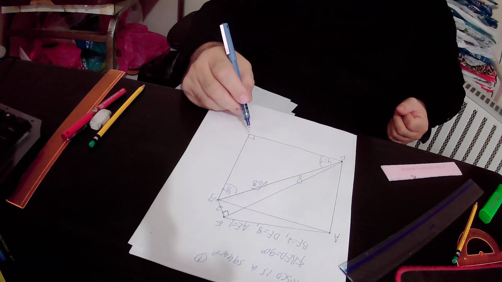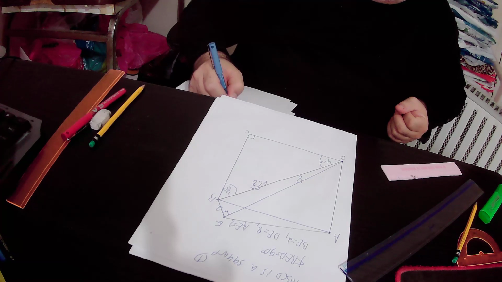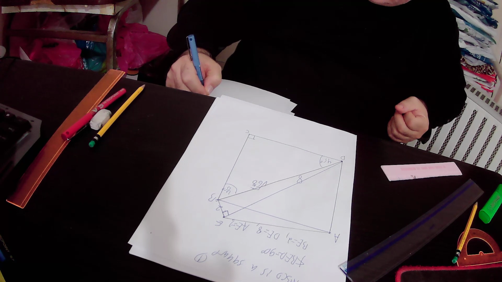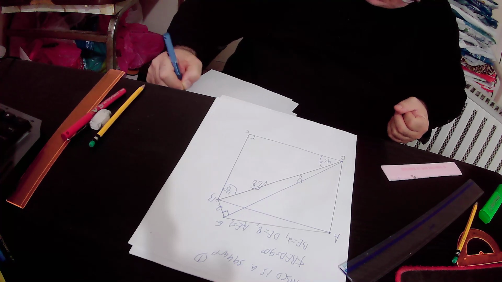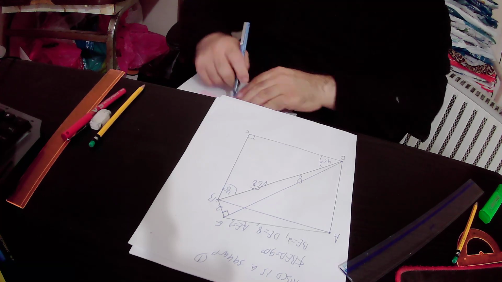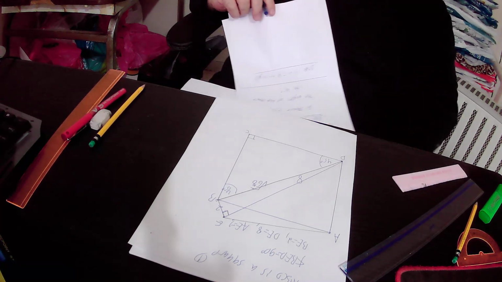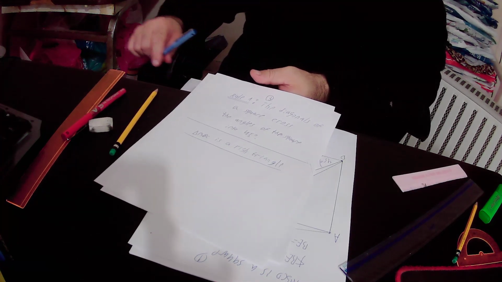And we know that triangle BDC is a right triangle.